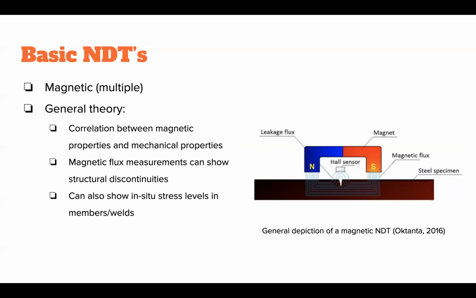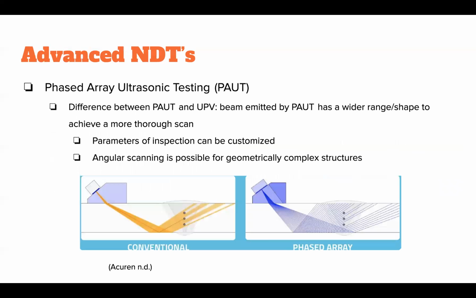As shown in the picture to the right, a magnet can be used to measure magnetic flux, which shows structural discontinuities in a steel specimen, as well as stress levels in welds. Next, we have advanced NDTs. The first one we studied is phased array ultrasonic testing.